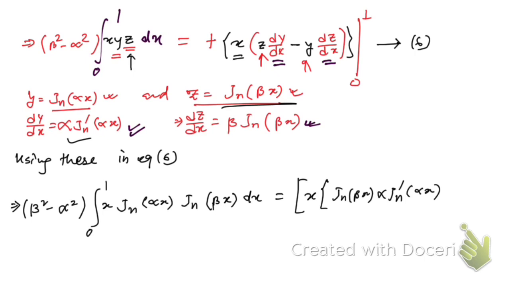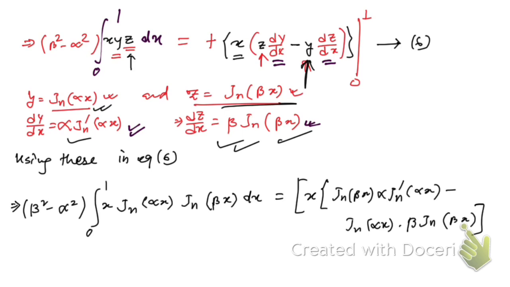Then minus y, which will be replaced by Jn of alpha x, into dz by dx, which is replaced by beta Jn dash of beta x. That's what we're going to have. So we are integrating it from 0 to 1, right? That's what we have done.